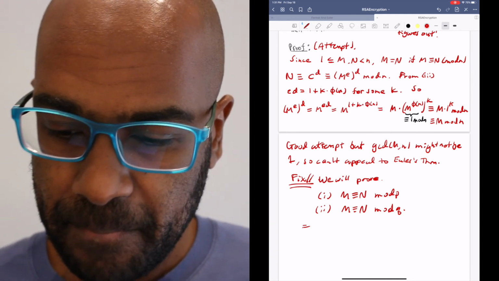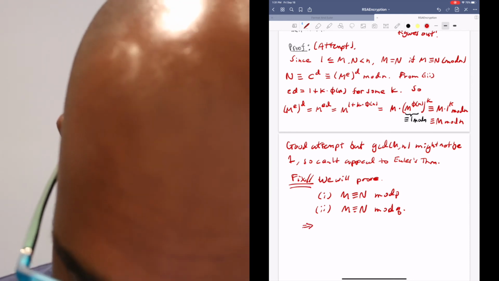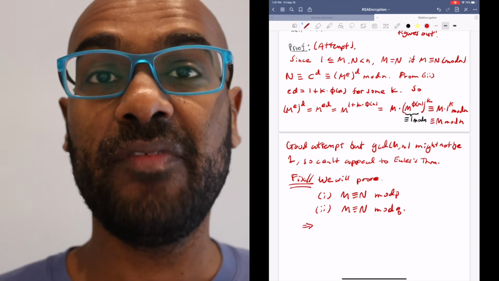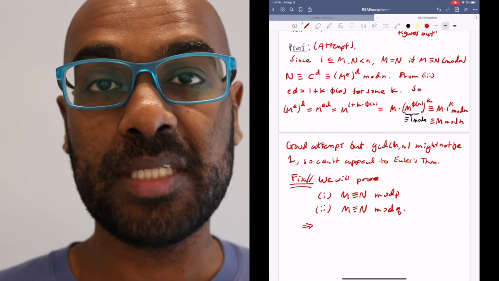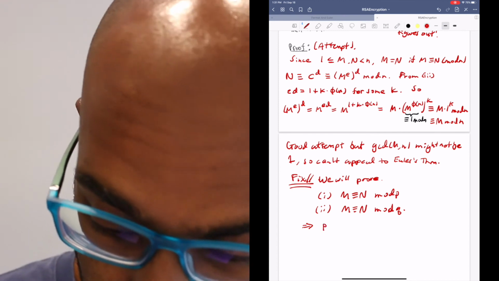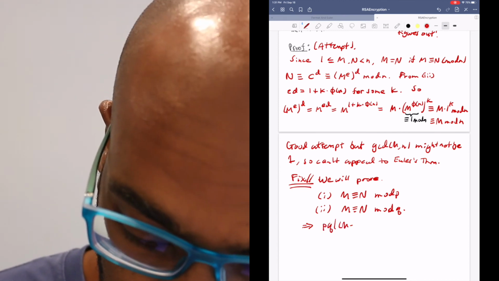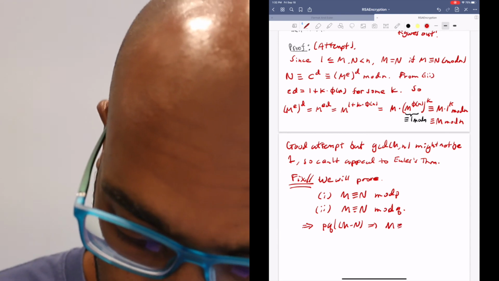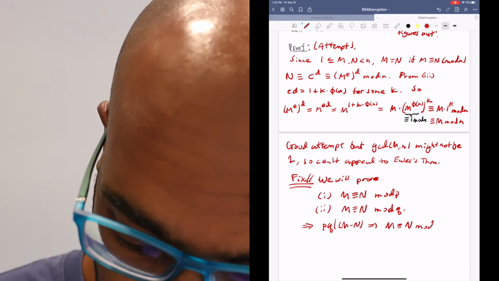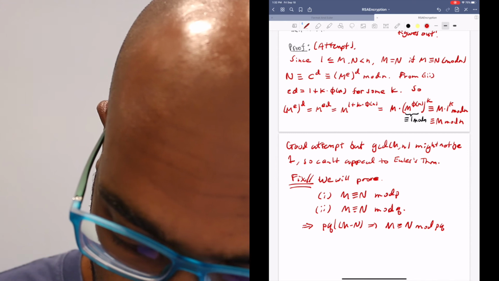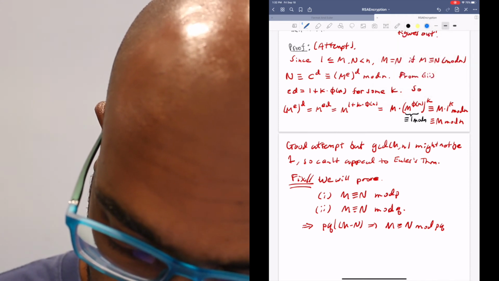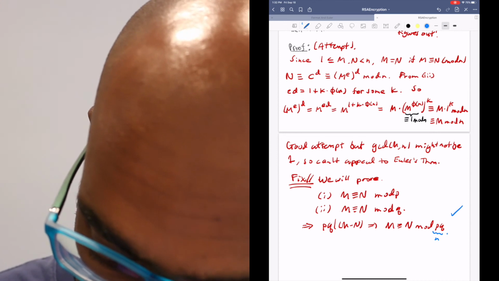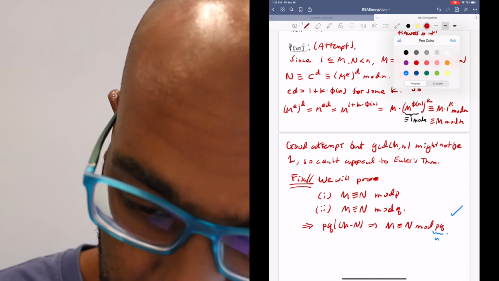If that's the case, then the first condition says that p divides M minus N. The second one says that q divides M minus N. So this would mean that pq divides M minus N, or in other words, M is congruent to N mod pq. And pq itself actually is the number N, so we're in good shape if we can do this.